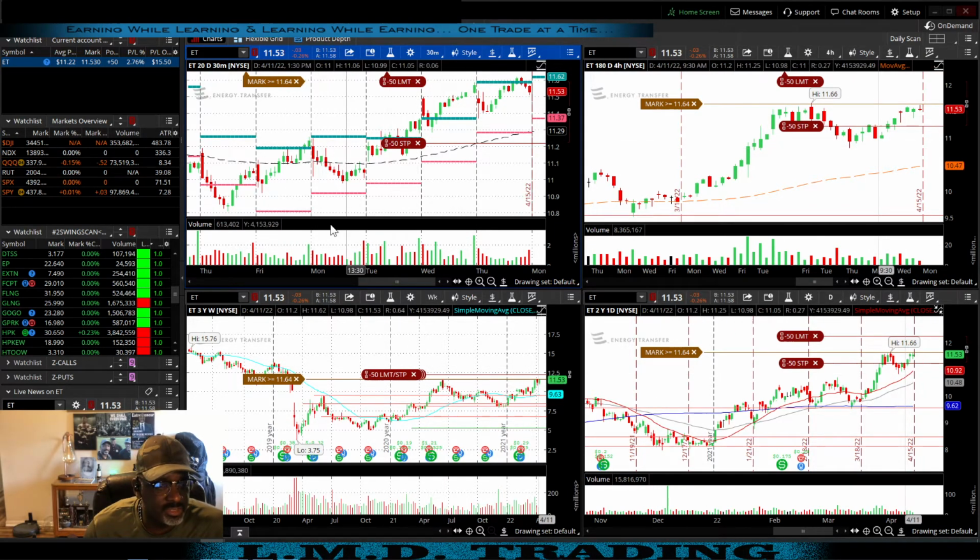I just wanted to see what this was doing. And again, I found it on my SwingScan list. I've added a couple extra columns to all of my watch lists now, to where I can see if a stock is above or below the VWAP. So that's what these green blocks are.